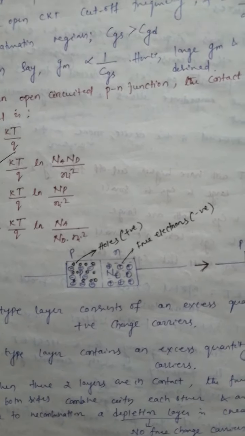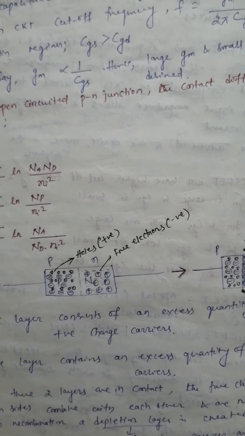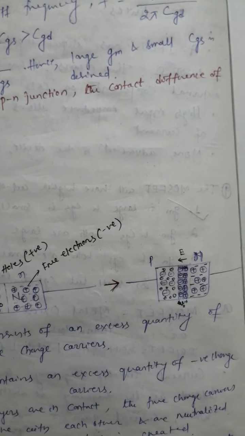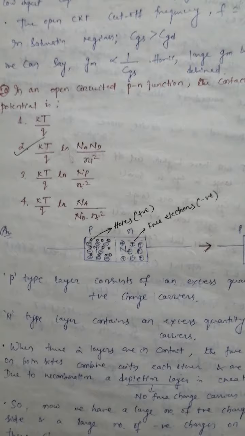We can say GM is proportional to 1 by CGS, or that GM is inversely proportional to CGS. Hence, large GM and small CGS is desired. Now I will go to question number 10.